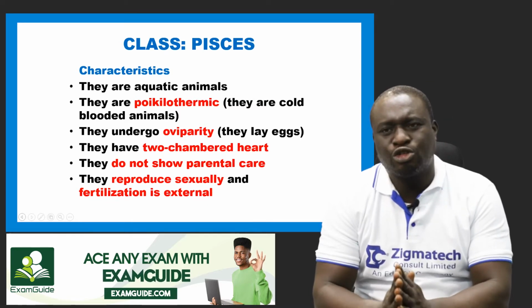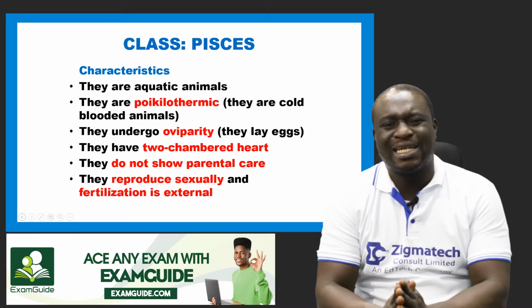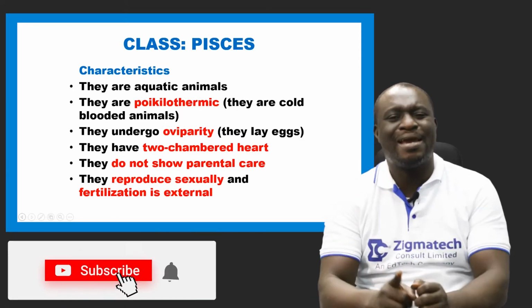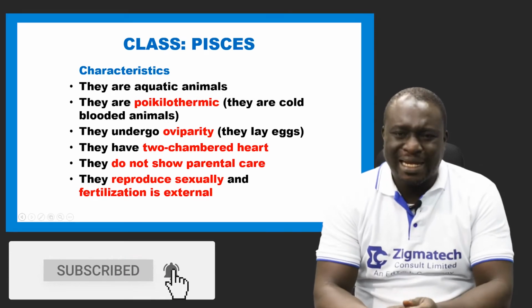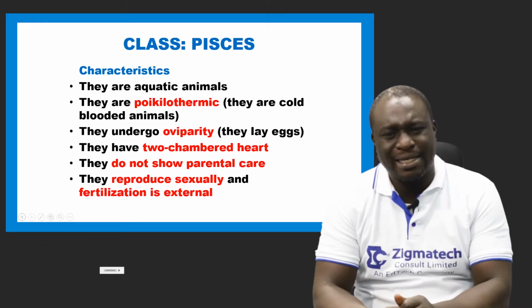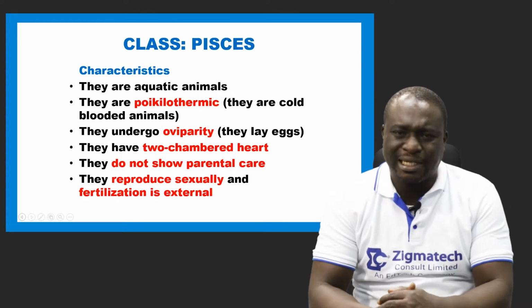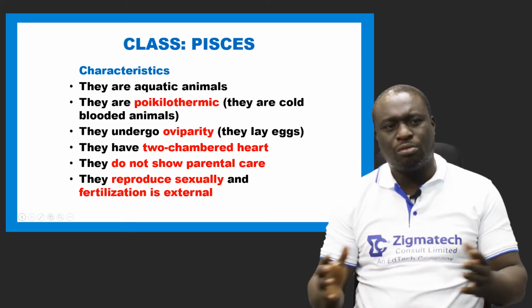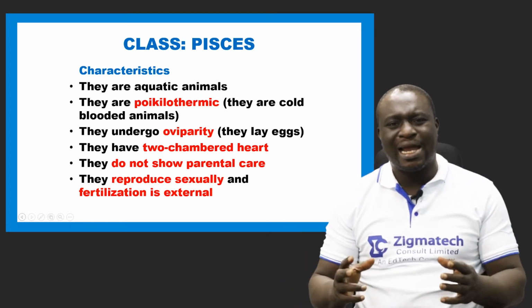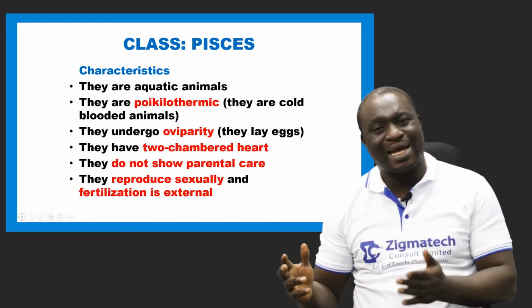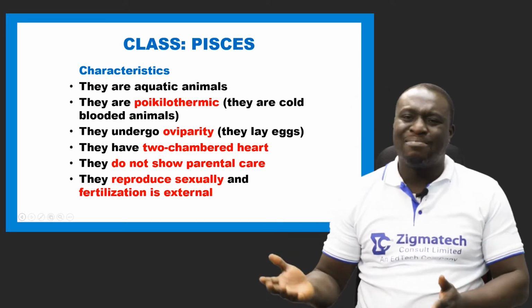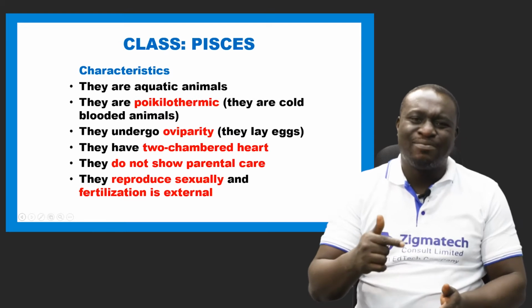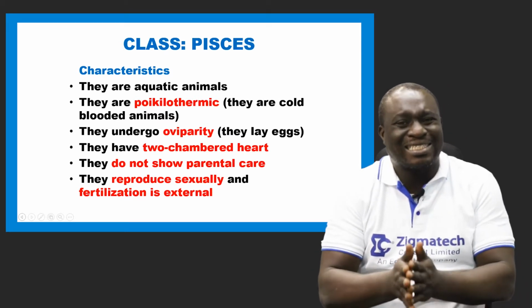And another thing you should take note of under chordata is that fertilization is external, mostly in Pisces. What do we mean by fertilization is external? Now, when a male and a female Pisces come together, the female releases her egg externally, and the male releases his own sex cell externally to fertilize the egg externally.